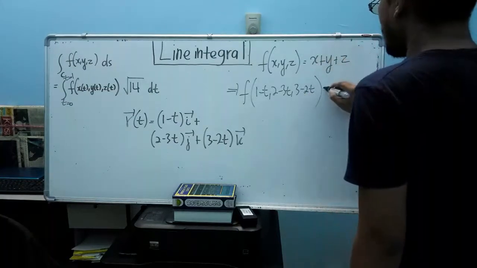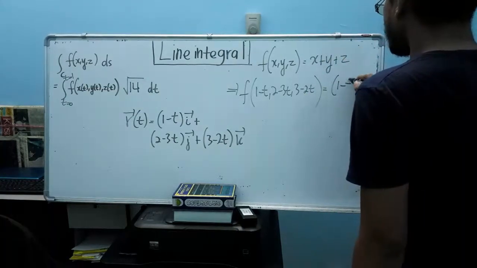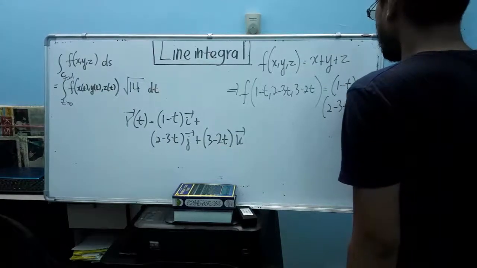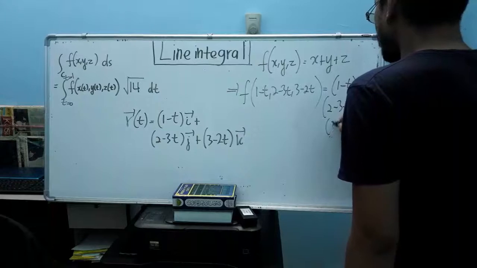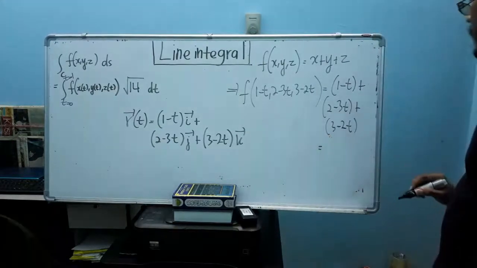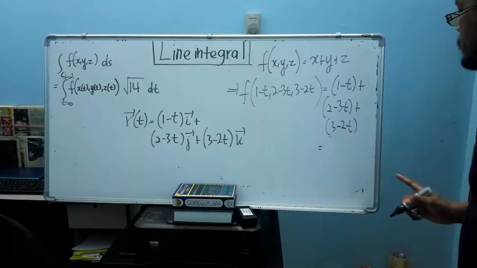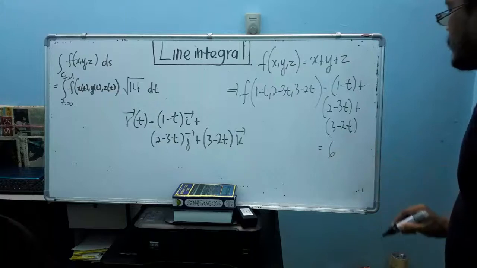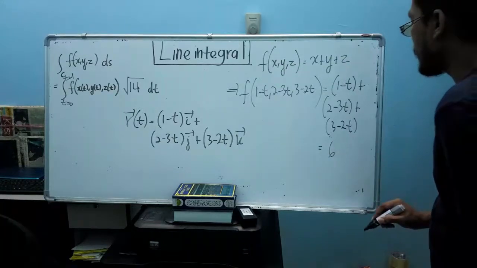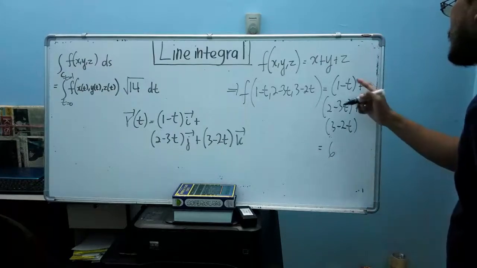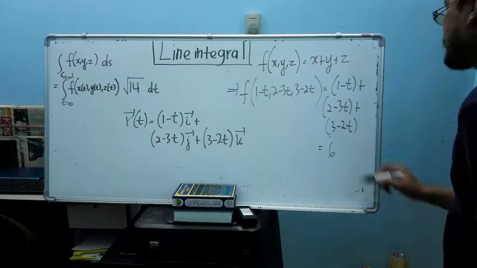So from here I will have 1 minus t plus 2 minus 3t and then plus 3 minus 2t. The final one: 1 plus 2 plus 3 will be 6, minus 6t.